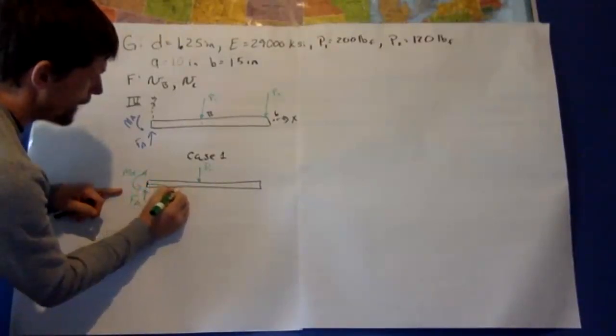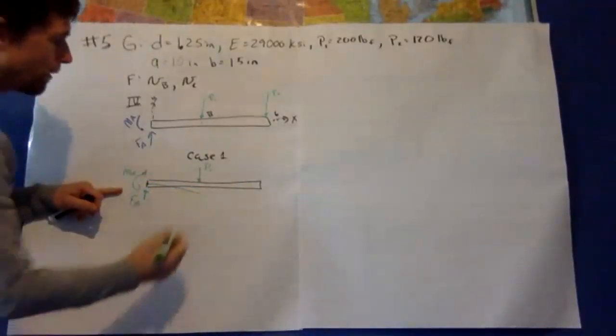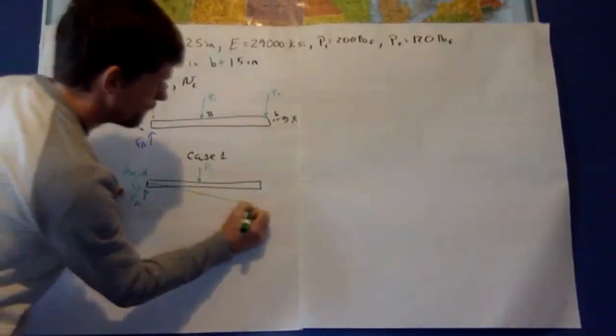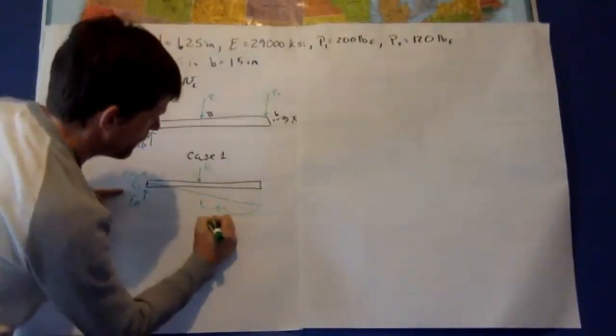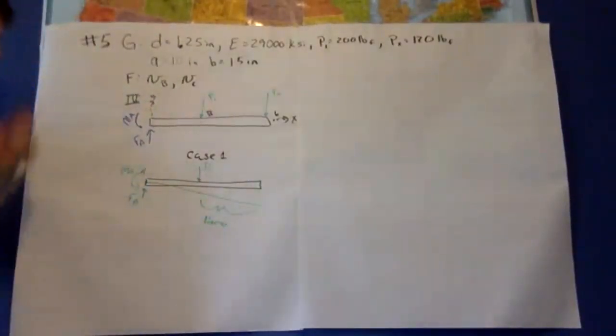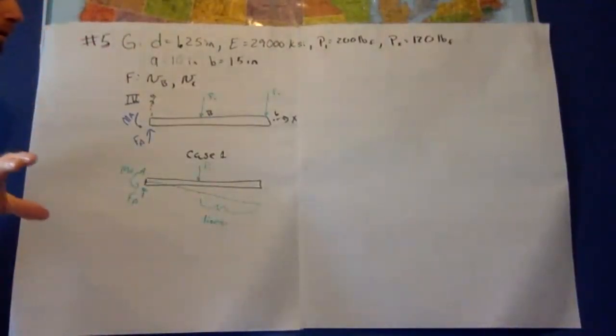It's going to curve down. And right here, after this, it becomes linear. So this region here is a linear region. That's linear because only P1 is applied.